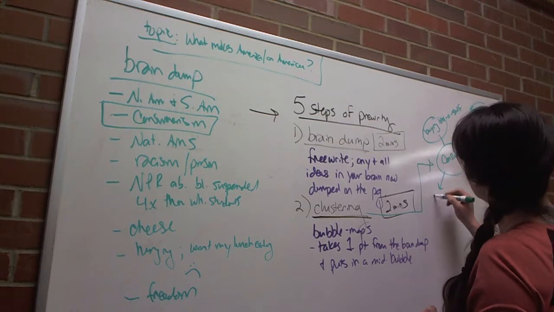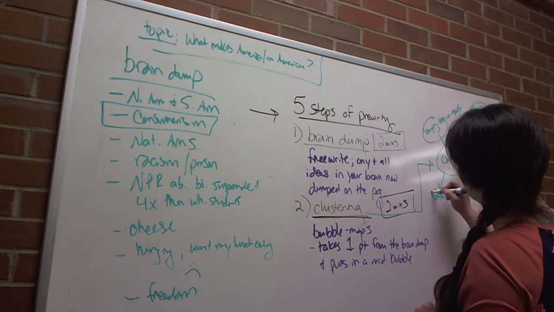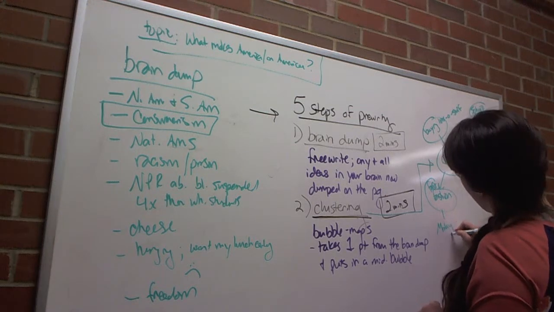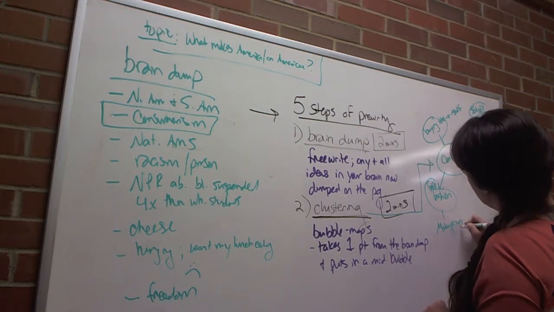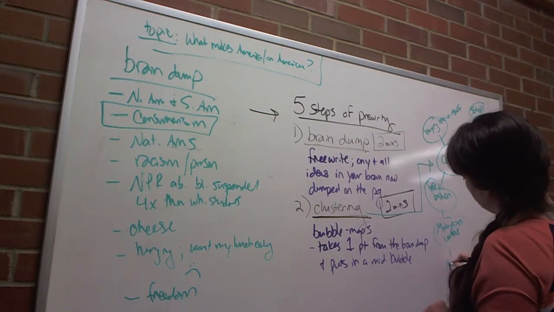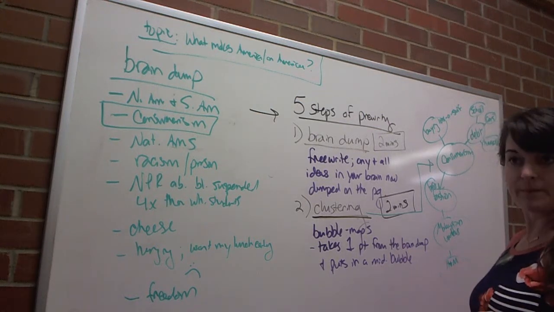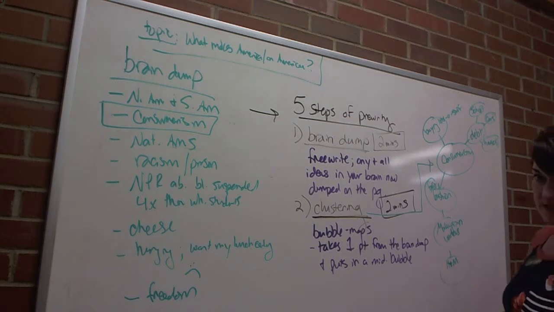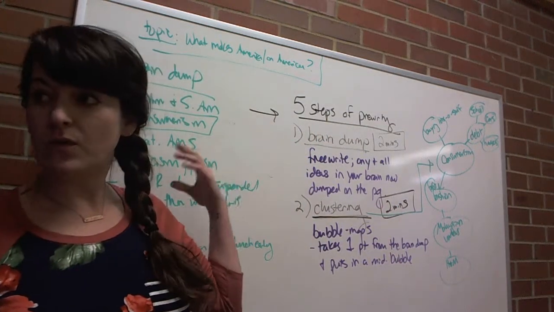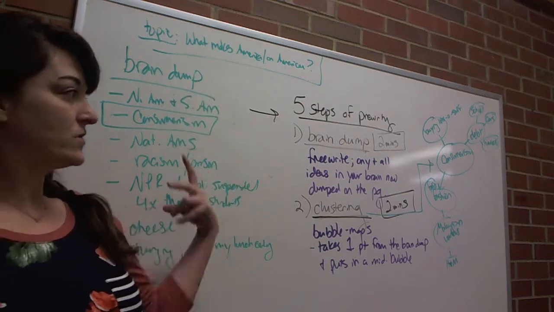What else with consumerism? I saw a documentary about fast fashion and how that affects Malaysian workers and how H&M is guilty of it, etc. So what clustering does for you that's different from brain dump is that a brain dump is just totally random, like all this stuff right here is just totally random.